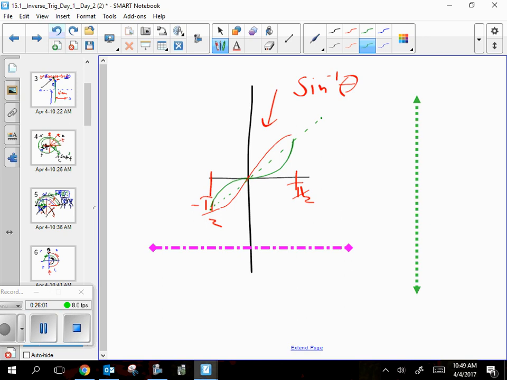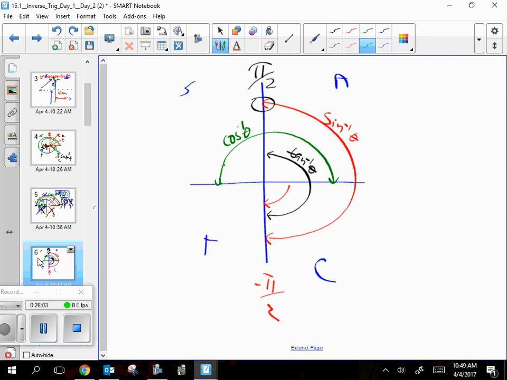Now, I haven't explained them all to you, but that's an example of why inverse sine can only exist between here and here. And for the amount of stuff I have to get through today, I'm not going to show you all the graphs of inverse cosine and inverse tangent, but the same kind of thing would happen. They can only exist in these intervals that I've showed you.